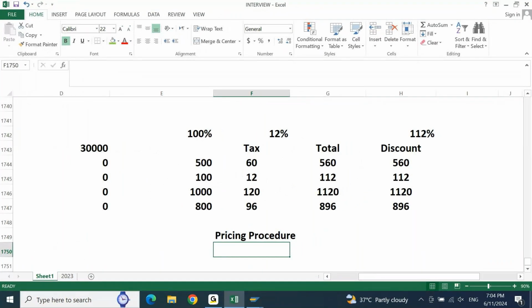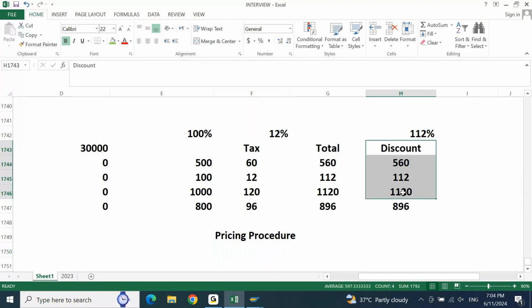Agree? In some sales, some scenarios are applicable. In some sales, some scenarios are not applicable. There may be a situation where you have to give a discount like this. There may be a scenario where you may not give the discount. Maybe you give the discount first, and then after the discount you calculate the tax.